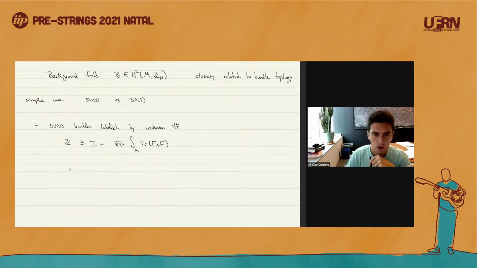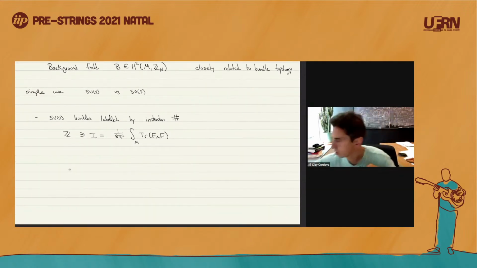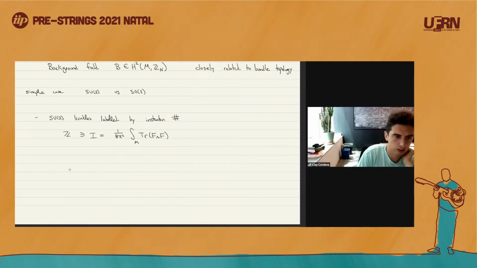So when we talk about the path integral for SU(2) gauge theory, what does that actually look like? Well, it has sort of two parts.